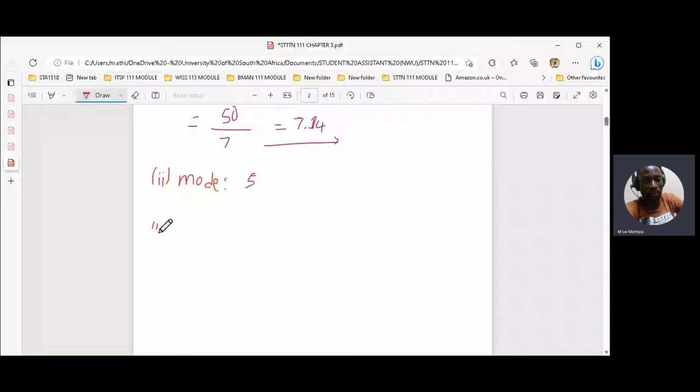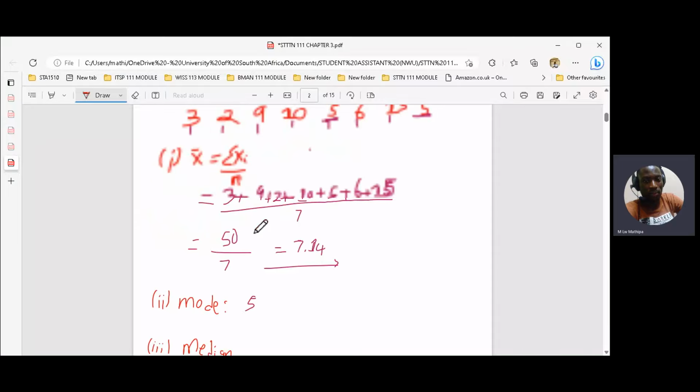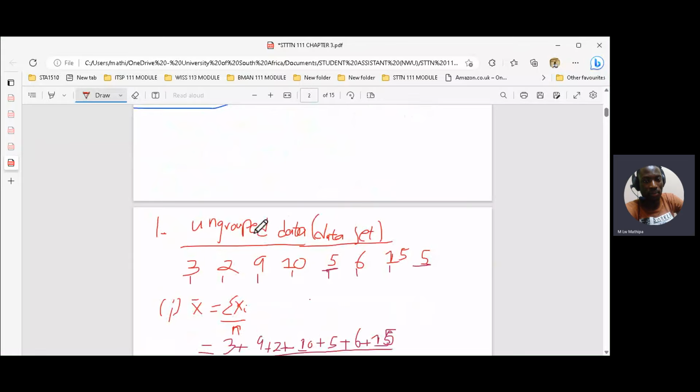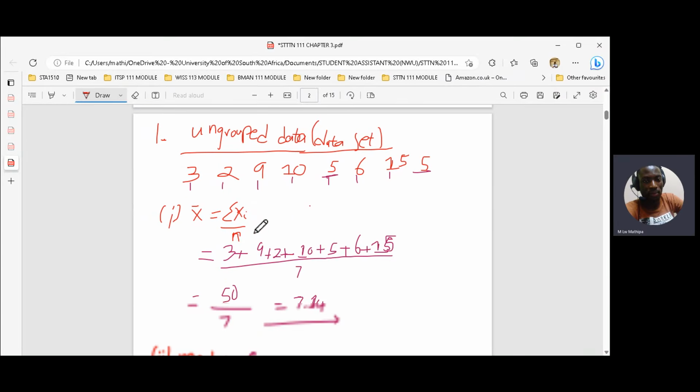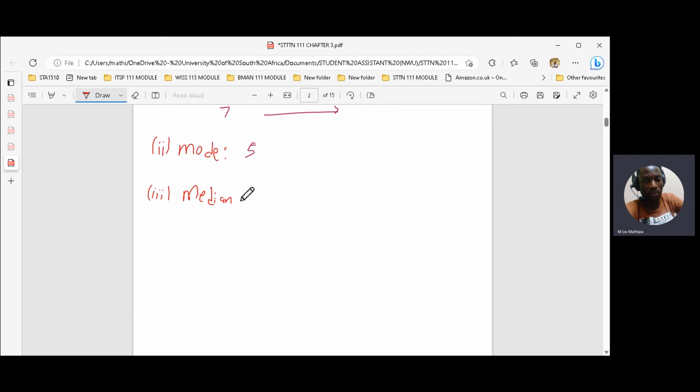For the median, as you can all see, we are dealing with ungrouped data. If they give you a data set, just know that you are dealing with ungrouped data. I always advise my students that when dealing with the median for ungrouped data, always calculate the position.